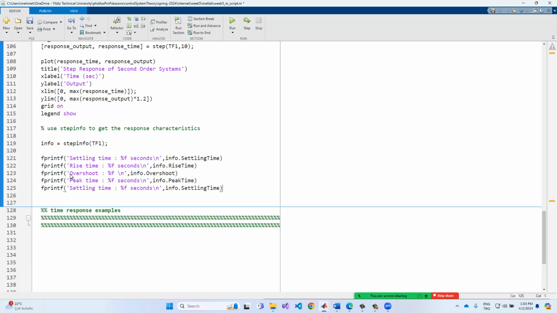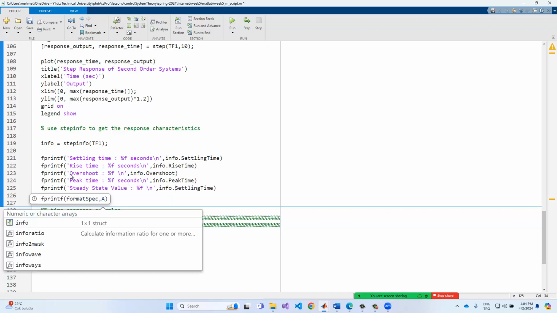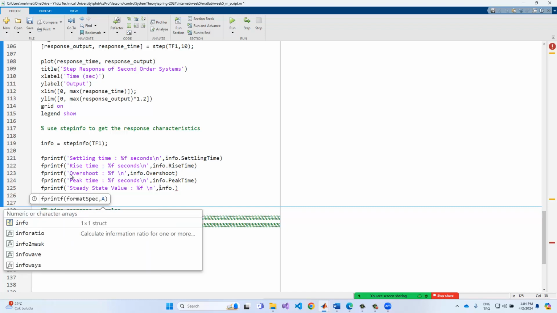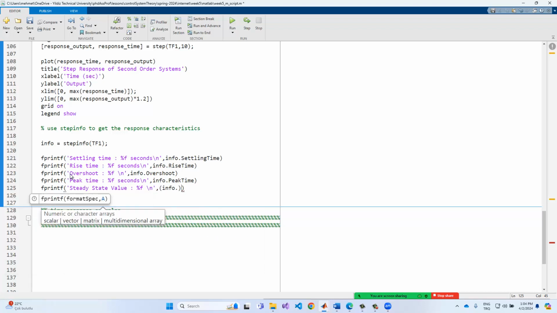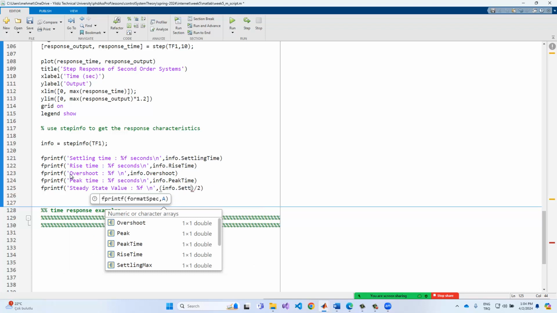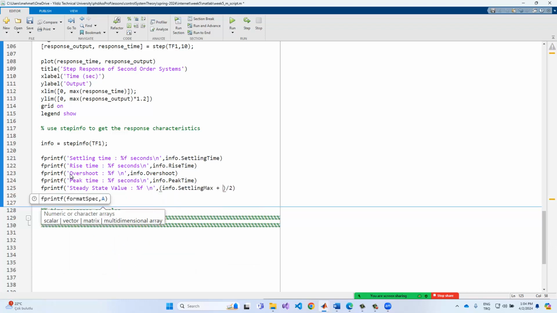Also we need to give the steady state value. This is equal to, in the calculation, the sum of info.SettlingMax plus info.SettlingMin, divided by 2.